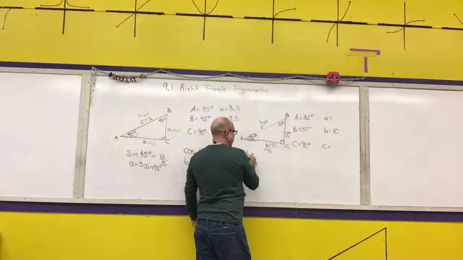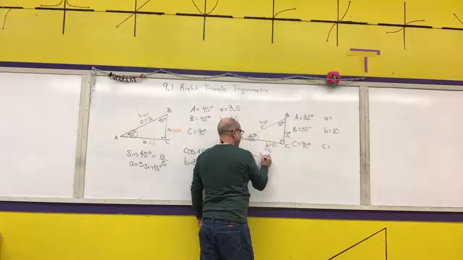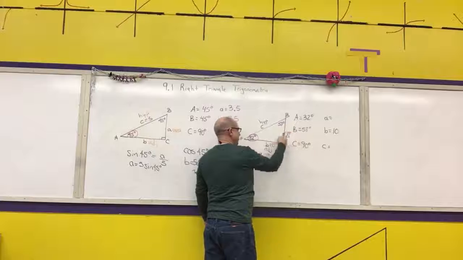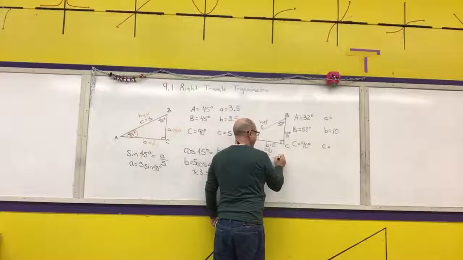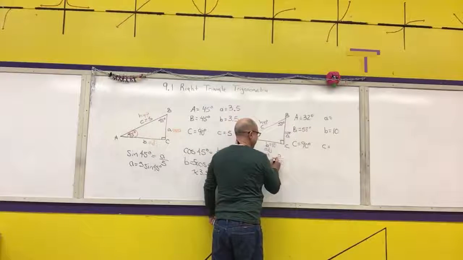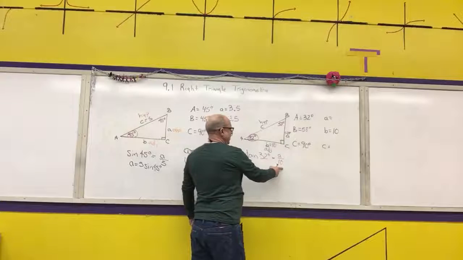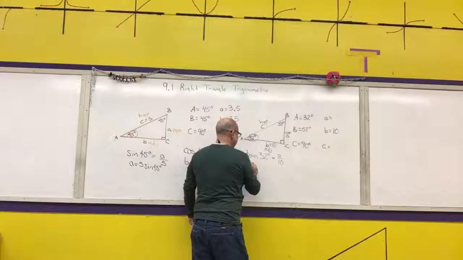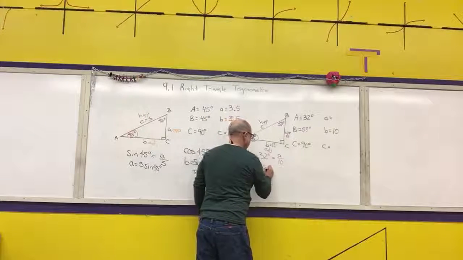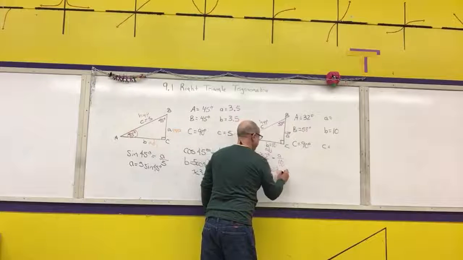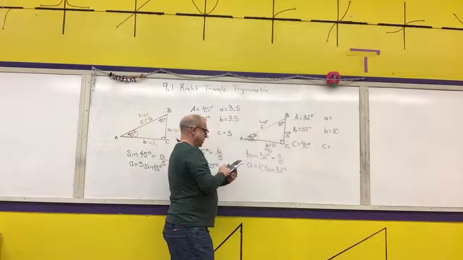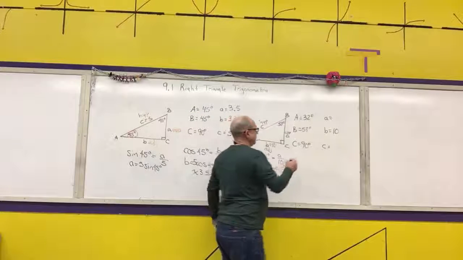So I know that the tangent of my angle is opposite over adjacent, which would be A over 10. Multiply both sides by 10, and I get A is equal to 10 tangent 32 degrees. Calculator, 10 tangent 32, and I get 6.2.